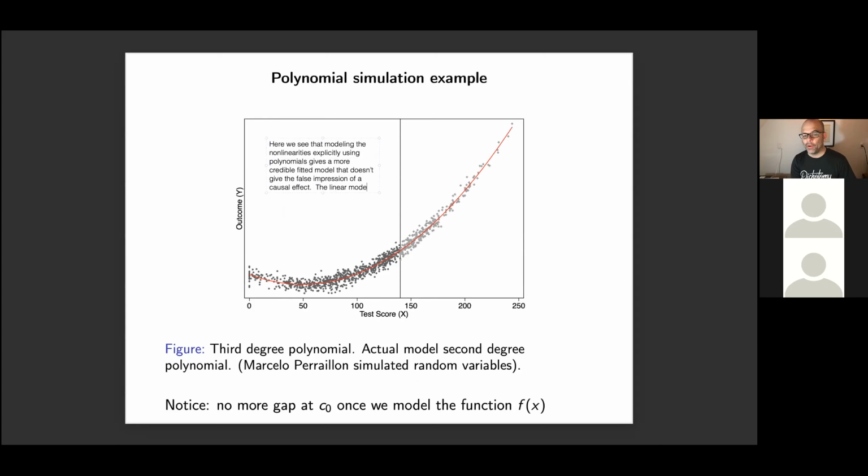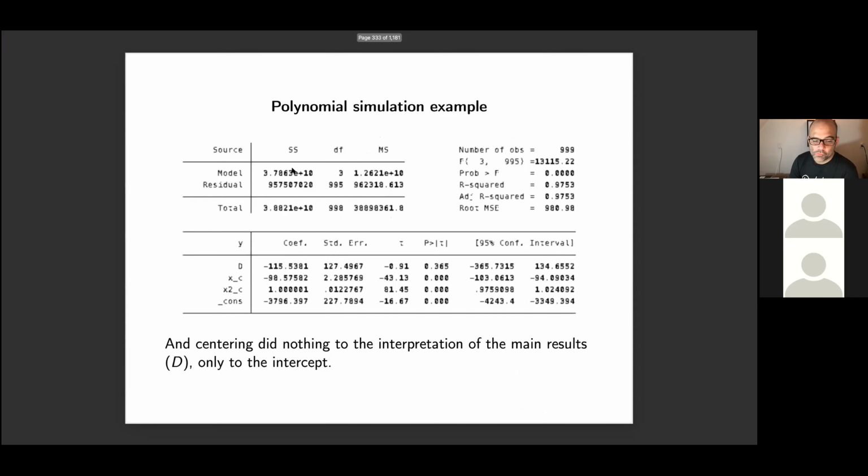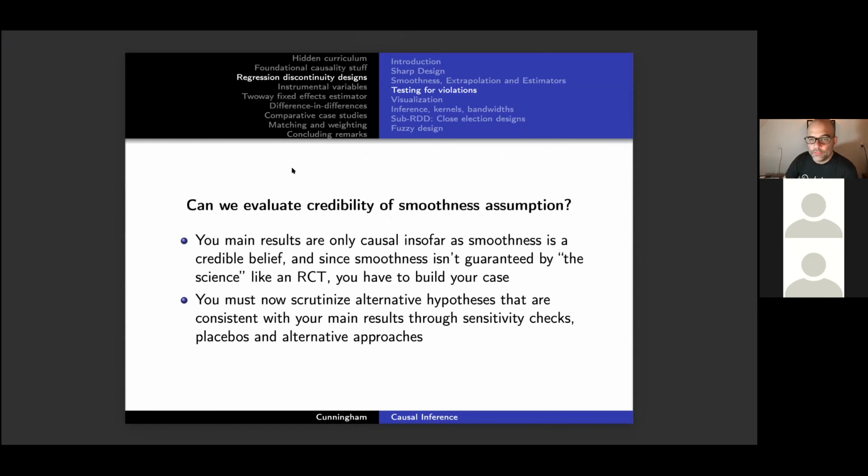The linear model was not correct because it didn't fit the data well and therefore had poor extrapolation properties.